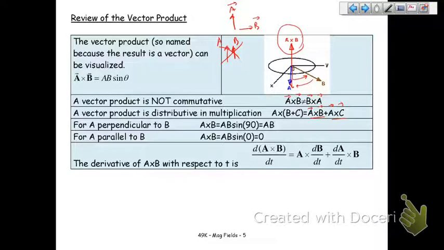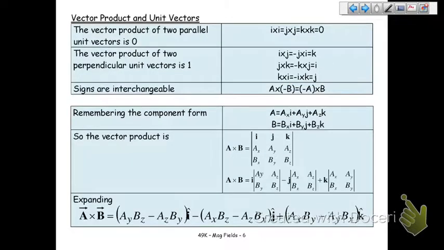So for this kind of game, you get the maximum effect when you're at 90 degrees, just like with torques. And then there's this little bit, which you can remember or derive, but we're going to use it in one derivation. The time derivative of A cross B is A crossed with dB/dt plus dA/dt crossed with B. We're going to use that. It's good to play with these things.